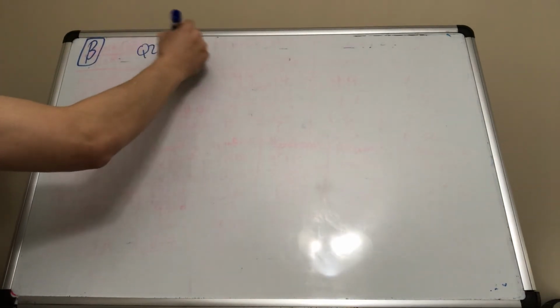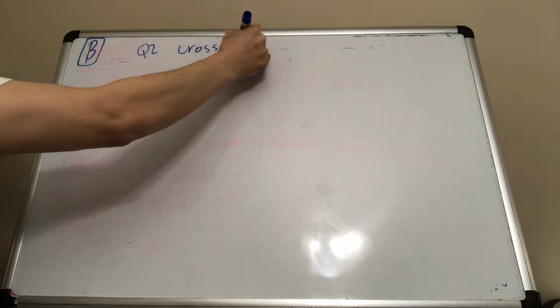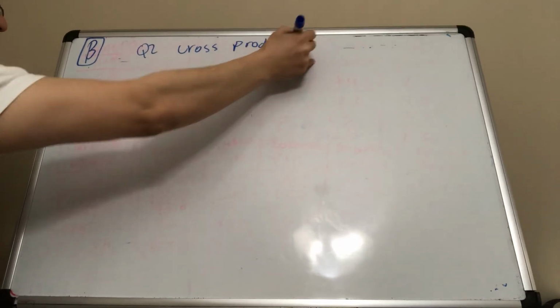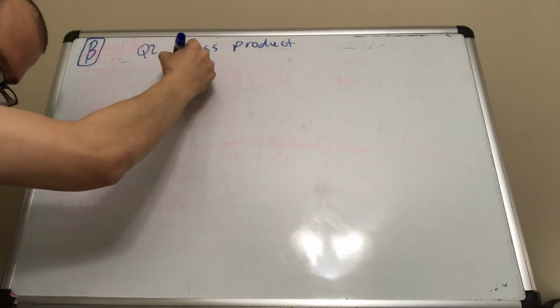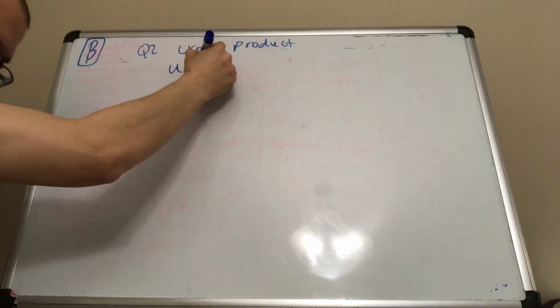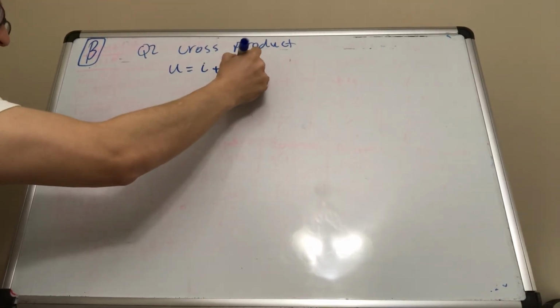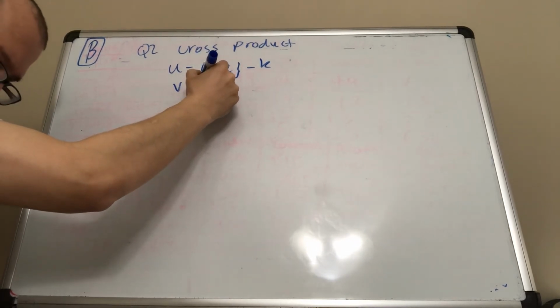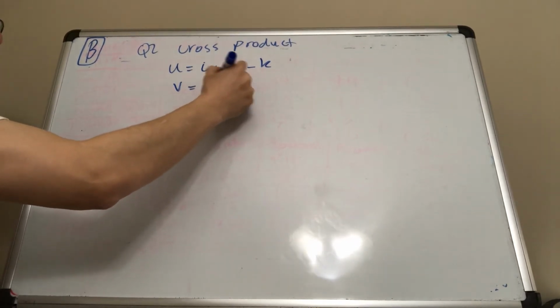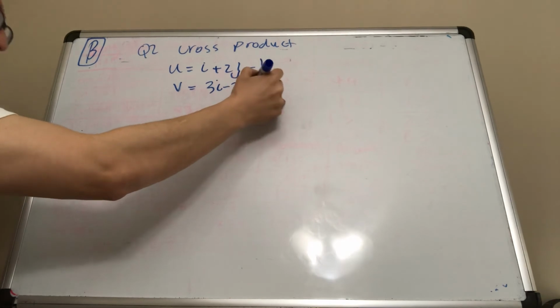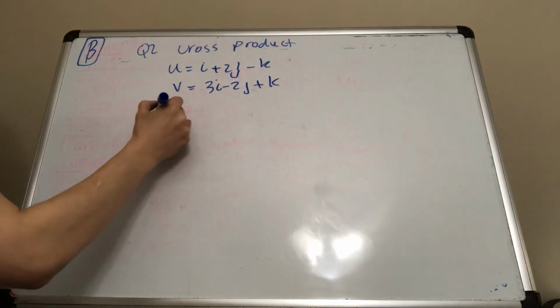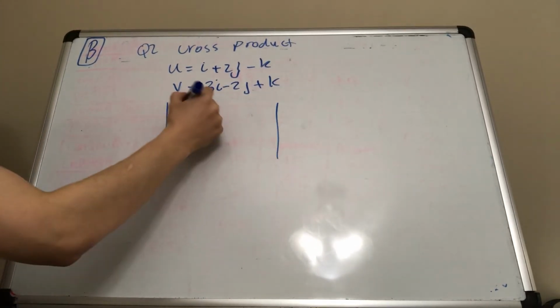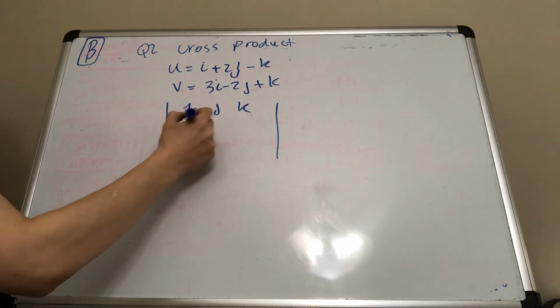Question 2 is cross product between the two vectors. The first one is i plus 2j minus k, and the second one is 3i plus 2j plus k. So you do i, j, k.